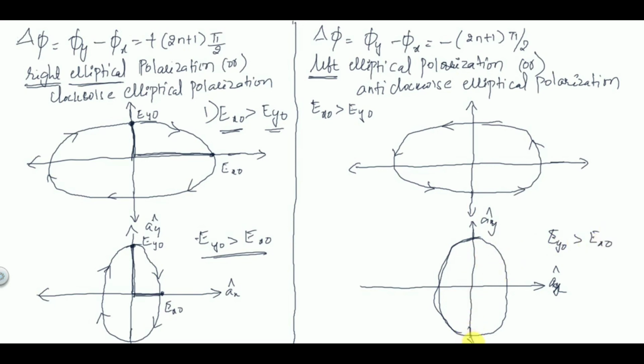It will again be in the anti-clockwise direction, like this. So these are the four types of elliptical polarization. Depending on the Ex0 and Ey0 values, you have two types in both right elliptical polarization and left elliptical polarization.